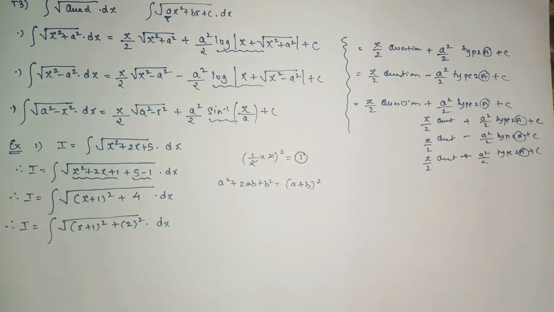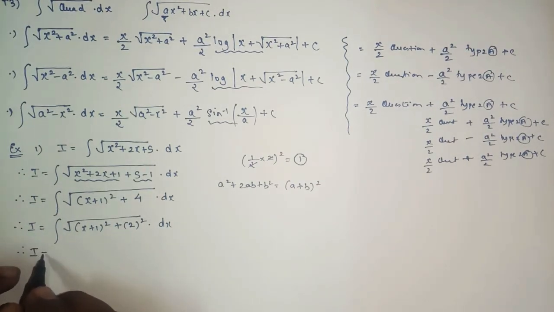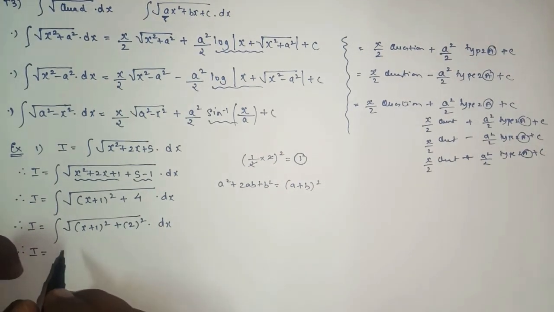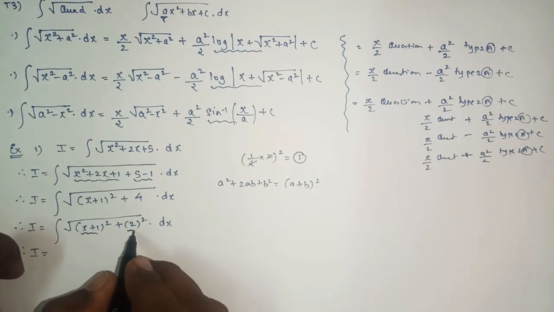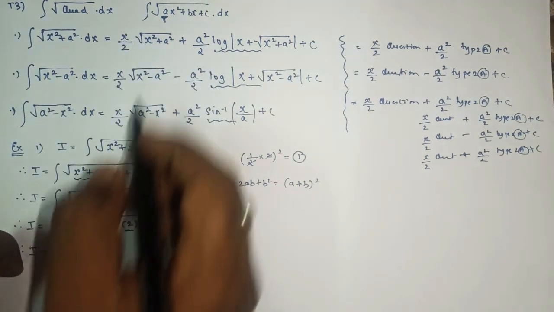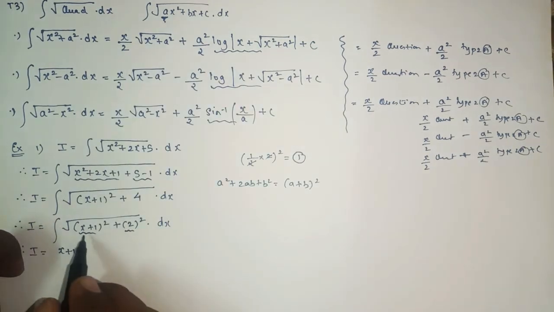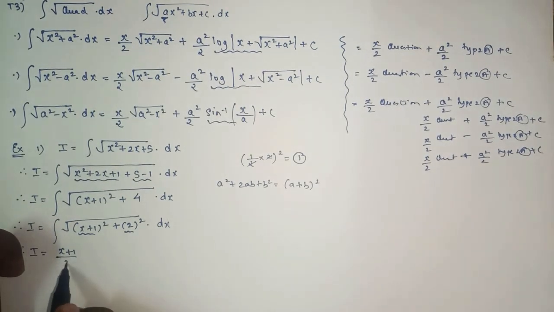Okay, so let's integrate with respect to x. So here the final answer, whatever answer you will get, now we'll see. So this part is x and this is a, so x upon 2. Okay, so this part is x and this is the number, so (x plus 1) upon 2, because this is x.